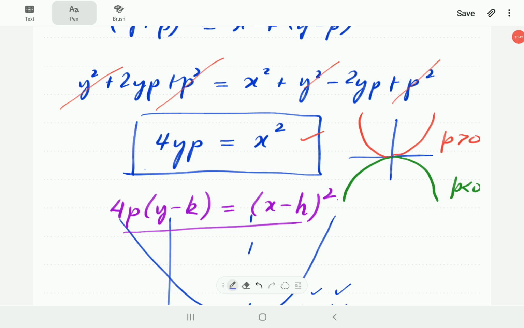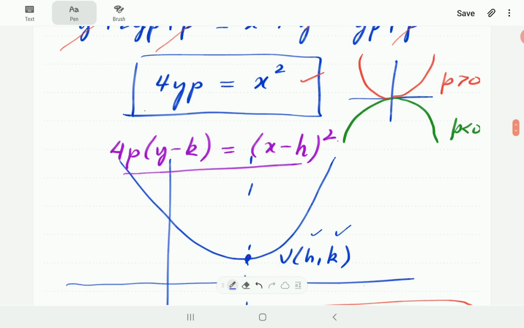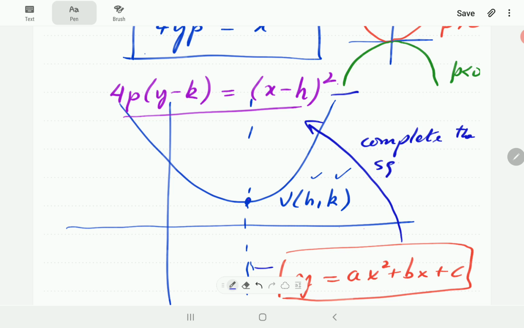Before we look at the examples, note that this is the standard form and this is the general form. To go from the general form to the standard form, we complete the square, and to go from the standard form to the general form, we simply expand the brackets.